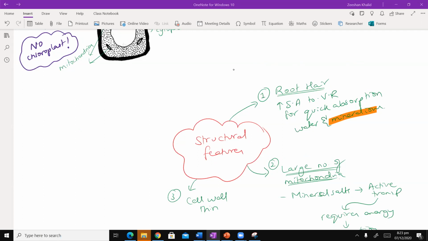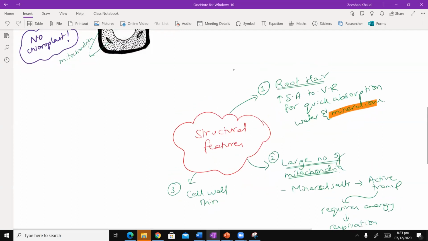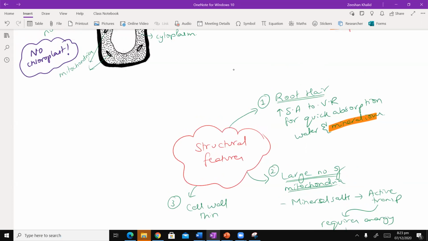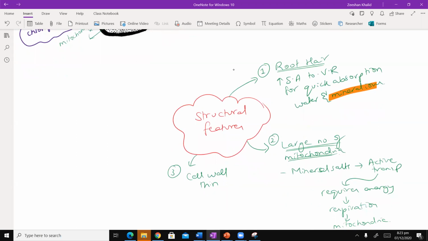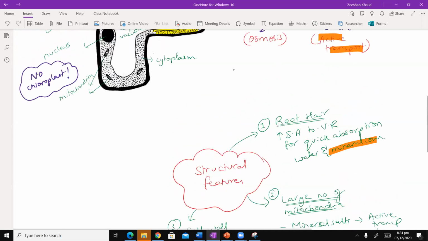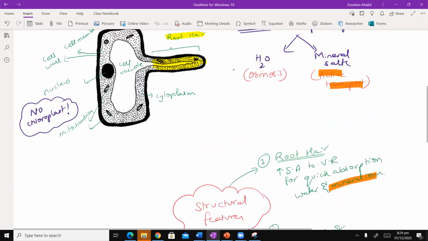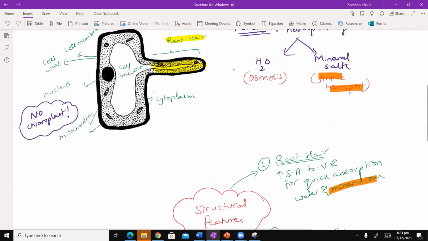Actually, you need to understand that the fact that the cell wall is thin has to do with the distance that things can travel. You can clearly see that the water and the mineral salts have to pass through it. Imagine this cell wall, this portion that I'm encircling, instead of being this much in thickness, it's this much in thickness.